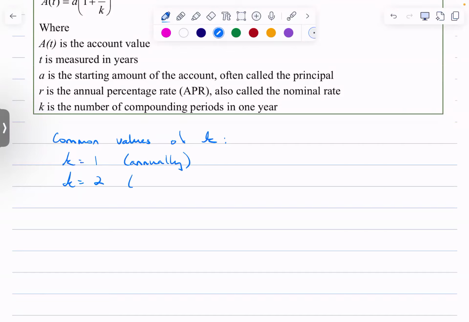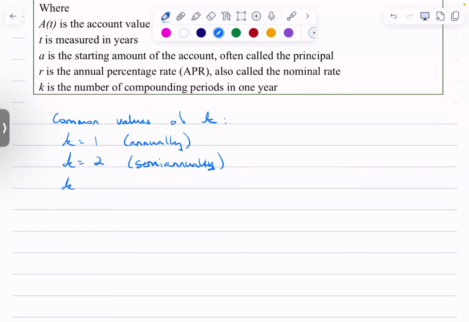K equals 2 is semi-annually. I've looked at my own mortgage paperwork, and it seems that banks tend to compound semi-annually, right? And so mortgages especially tend to be compounded semi-annually.